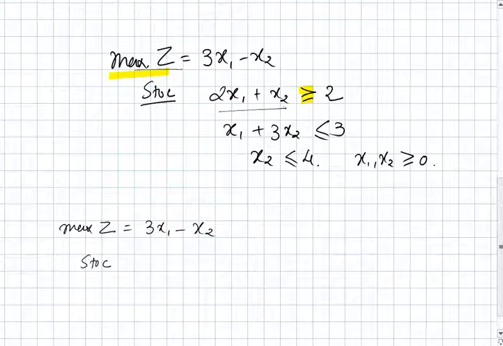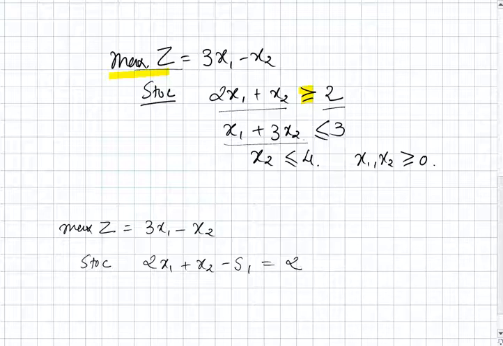Here this quantity is higher than 2, so we have to remove a positive quantity, which is called a surplus variable. So we introduce a surplus variable in the first constraint: 2x1 plus x2 minus s1 equals 2.